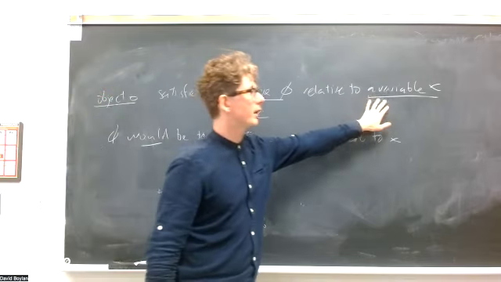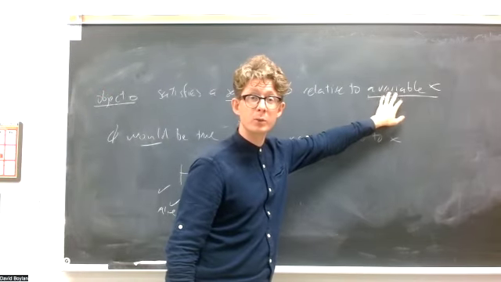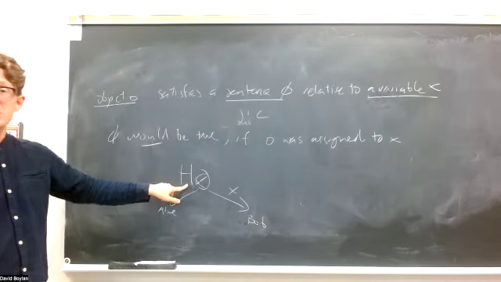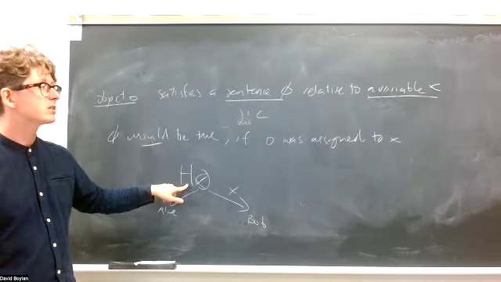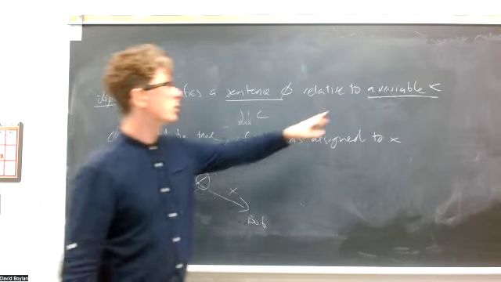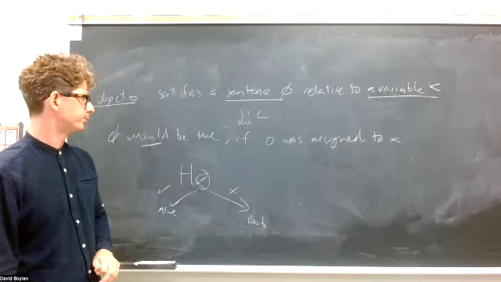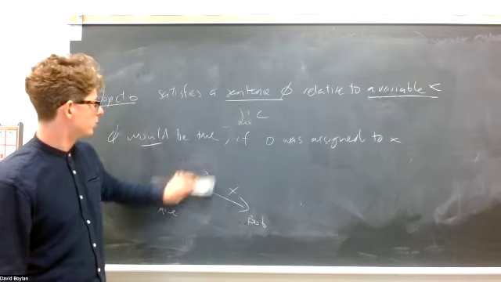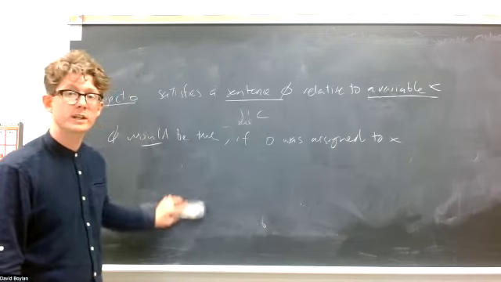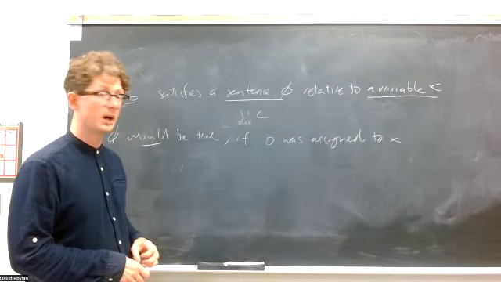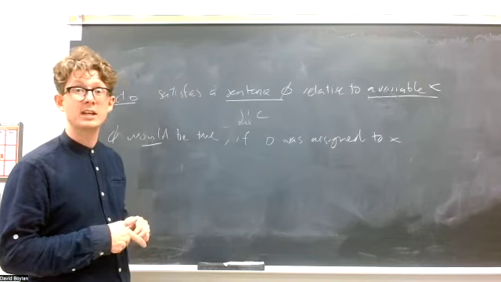But this part about the variable, and in particular saying which variable you mean, is very important. When we had a simple case like just H of x, you may think it wasn't important to specify what variable you meant, because there is only one variable. The reason this is important, though, is that we need to be able to apply this definition to sentences containing more than one variable.